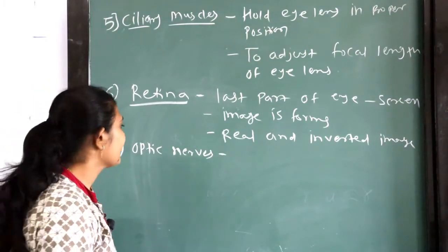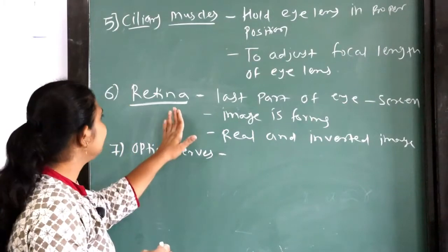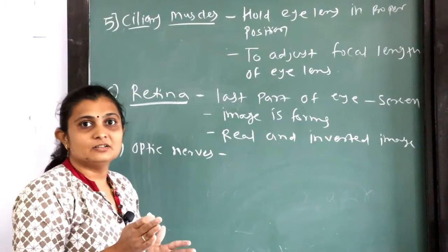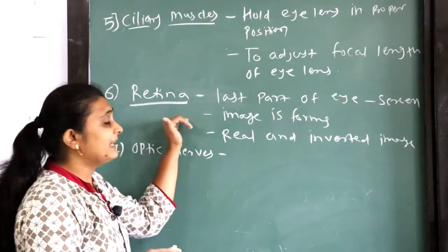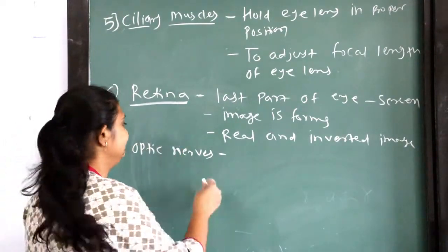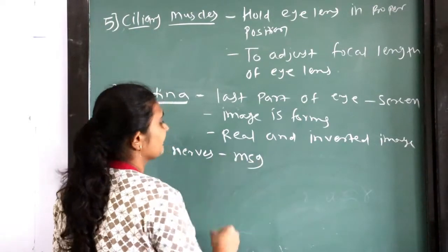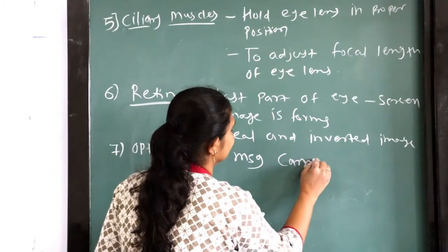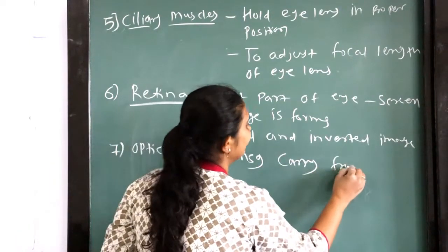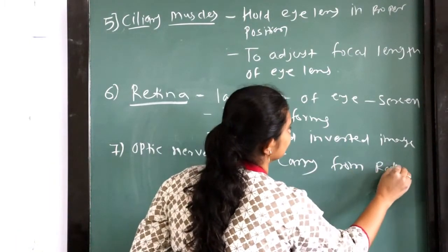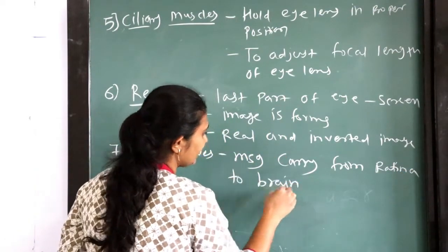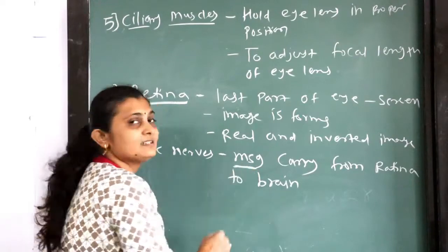Optic nerves. The nerves on the retina carry the message from the retina to the brain. Now, what is the message?